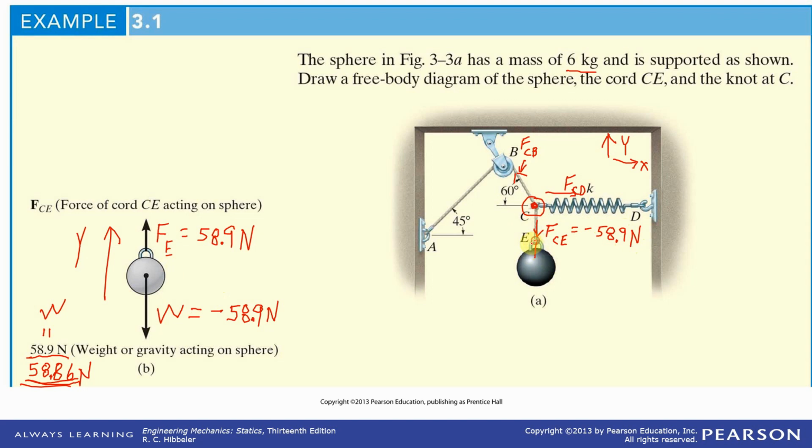The force acting on the ball that I called FE, that's positive because it's acting up. This is negative because now we're talking about a free body diagram. We're imagining the free body diagram just around the knot only, not the ball, just acting on the knot.